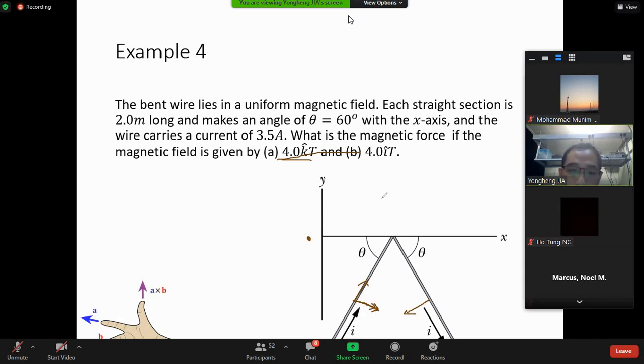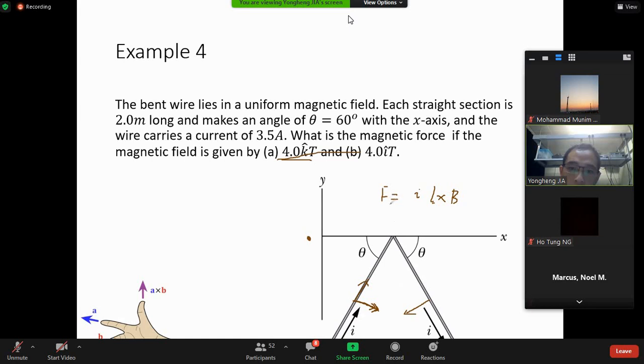And for the magnitude, we can get the F. For the question A, the theta between L and B equals 90 degrees, so sin theta equals 1.